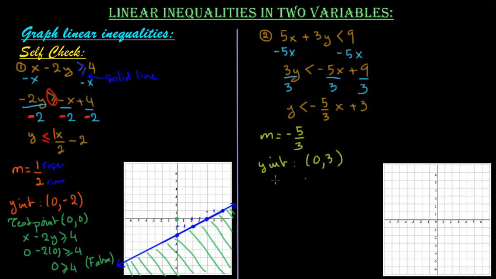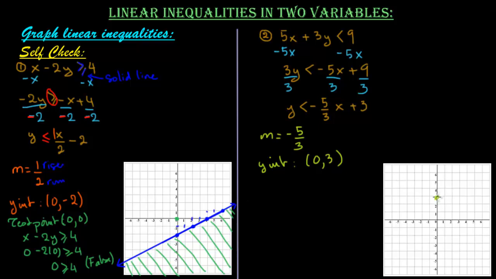Remember, anytime you write the y-intercept, you need to write it as a point, 0 and then 3. If you just write 3, it's not a correct answer. That's not a point. So we will start at 0, 3. That one is too light, let me choose something a little bit darker.